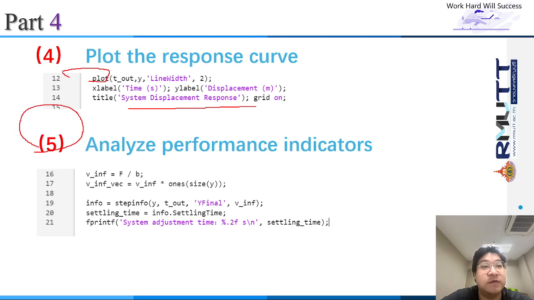And the fifth step is to calculate and output the system performance.